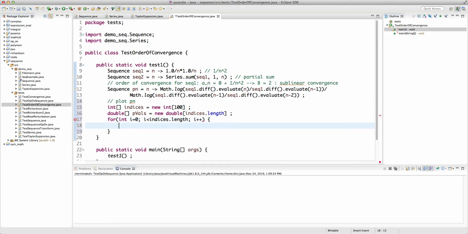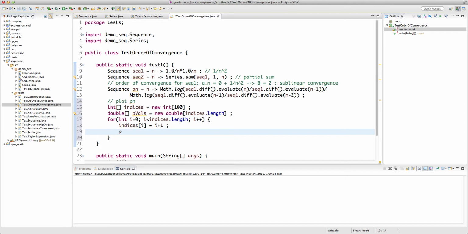Here we set indices[i] to i plus 1, and then pVals[i] equals pn.evaluate at i plus 1.